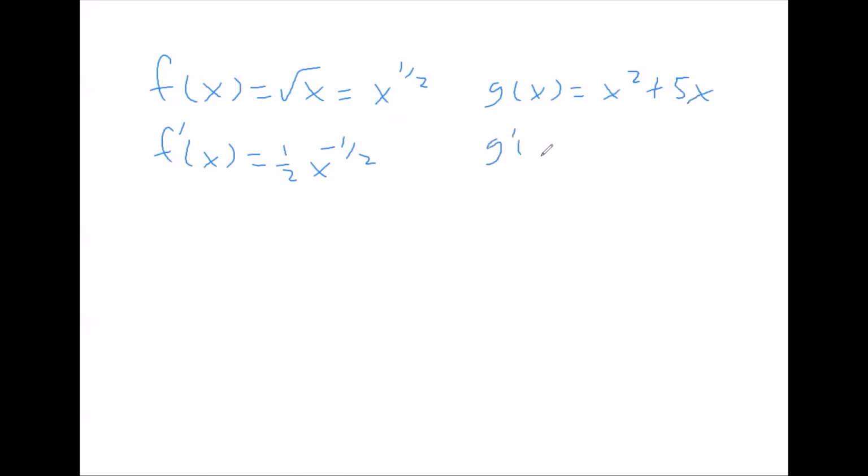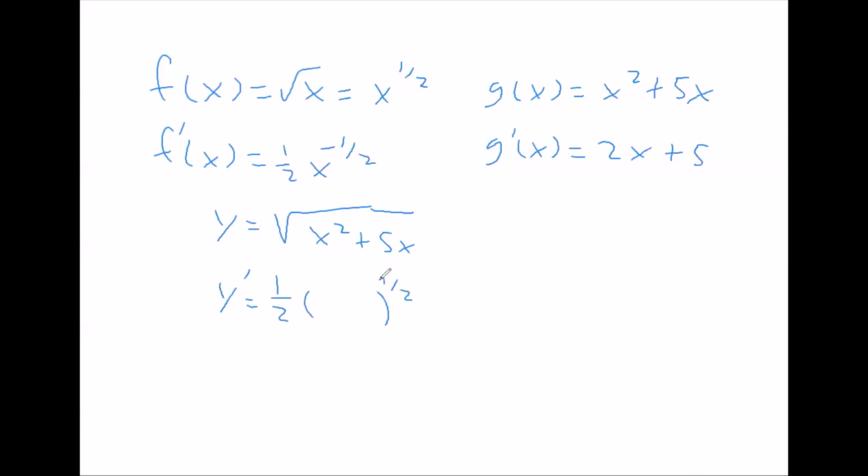Its derivative separately would be 2x plus 5. Now let's say we have a composite function using both of these. Let's say our composite function is the square root of x squared plus 5x. And using chain rule, the derivative of the outside would be 1/2 times the same inside to the negative 1/2, and then times the derivative of the inside, which would be 2x plus 5.